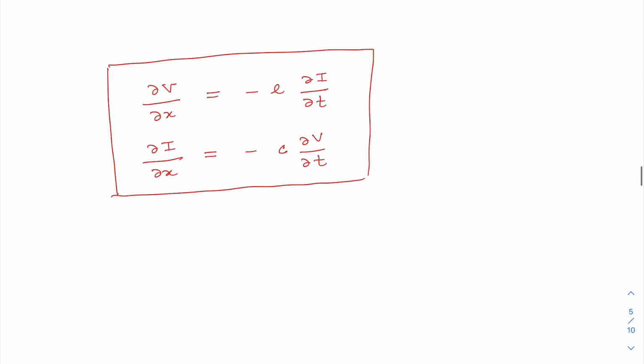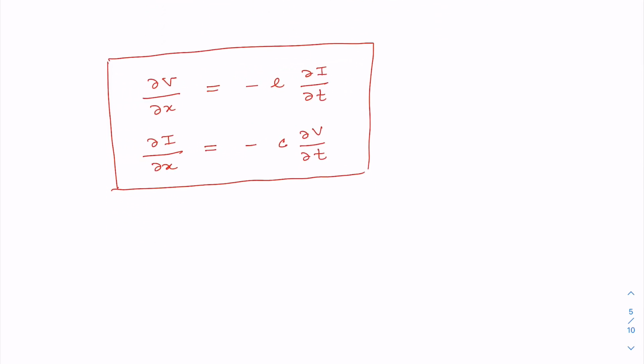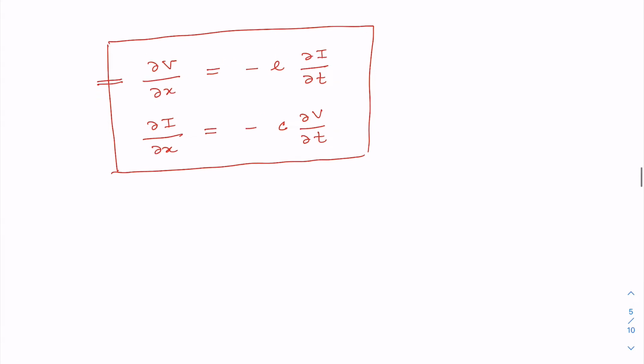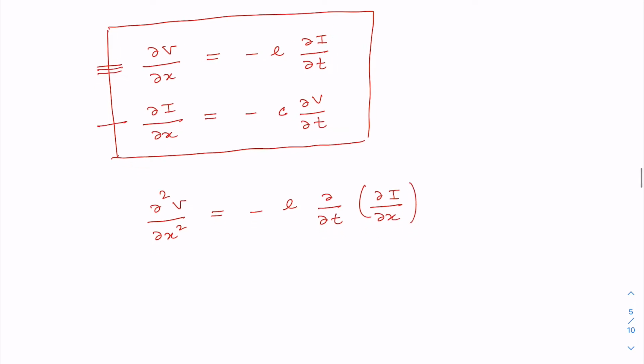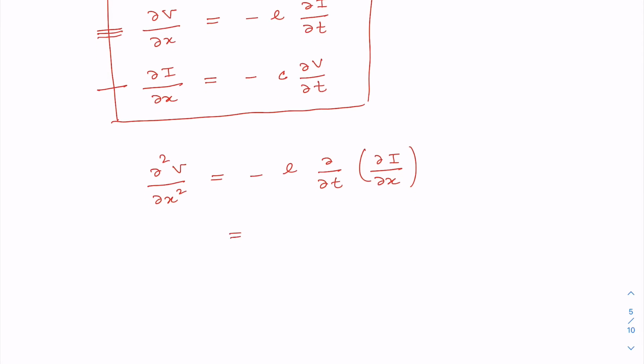Now if I take the derivative, actually not the time derivative but the space derivative with respect to x, on both sides, I will have del 2V by del x2 equal to minus l del/del t of del I by del x, and from this equation, with another minus there, it would be plus lc del 2V by del t2.